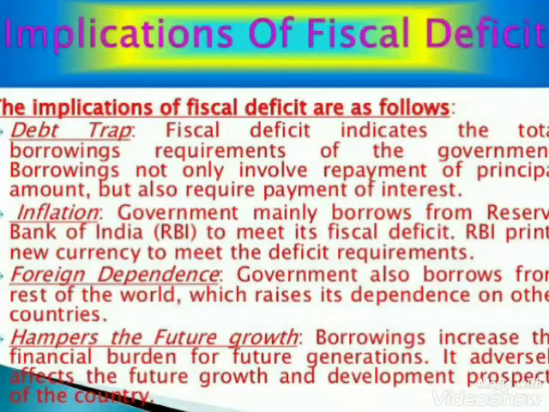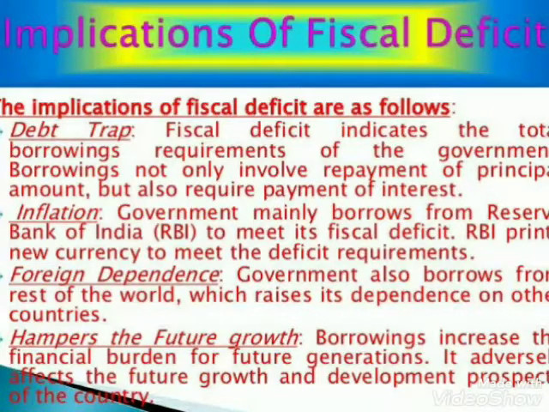Then if the government borrows to manage this fiscal deficit, the implication could be national debt also. That means the government may lead to a national debt. If the government borrows today, it becomes a burden for future generations, as future generations have to bear that burden.